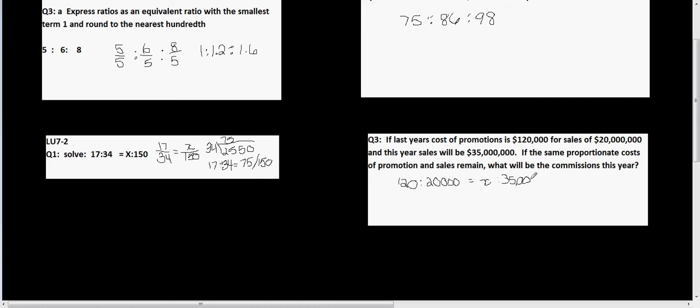Okay, so we go ahead and convert it to a fraction just as we did in this example. We've got 120 over 20,000 equals x divided by 35,000.